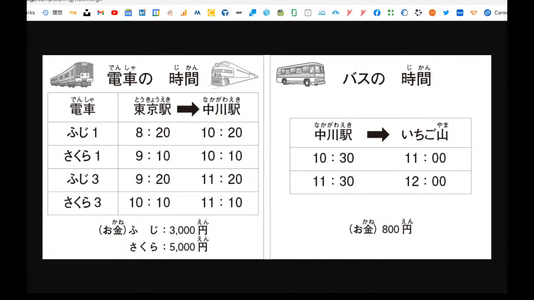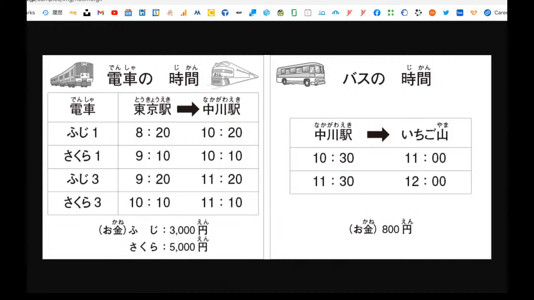So when you see this chart, you see 電車の時間 and バスの時間. So we need to calculate from the time when we want to get to the Ichigoyama. So let's say by 11, right? So to get to Ichigoyama by 11, we need to get a bus at Nakagawa Eki at 10:30.